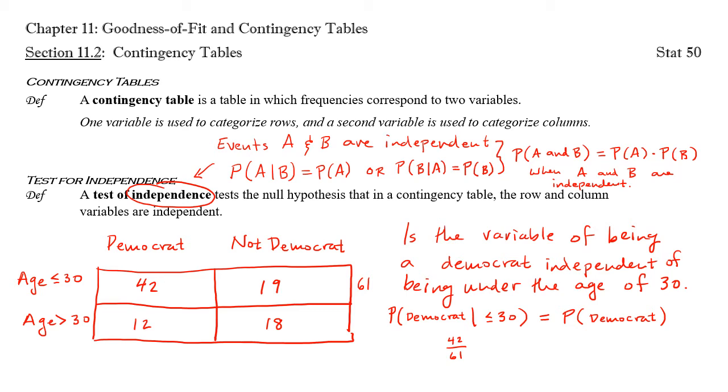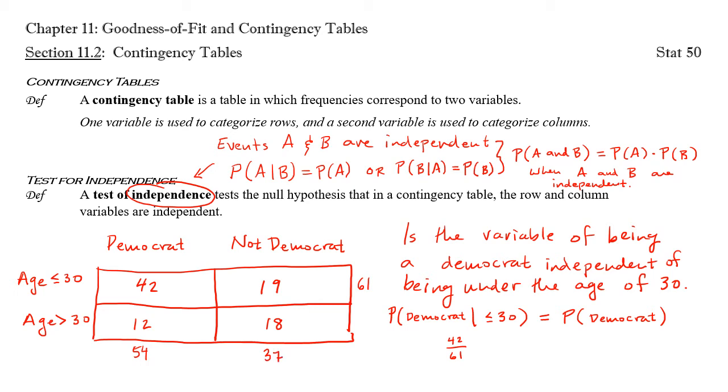On the other hand, suppose now I'm choosing one of these people at random regardless of what age they are. So not paying attention to what age they are, what would be the probability that I choose a Democrat? Well, here let's total up the number of Democrats altogether. We've got 42 under 30, 12 over 30, so that gives me 54. How many are not Democrat? Here I would have 19 and 18 gives me 37.